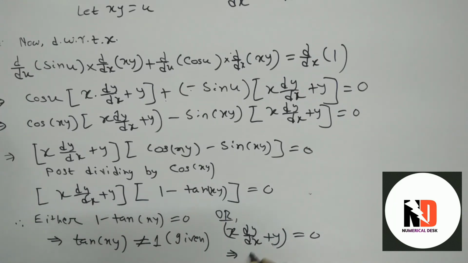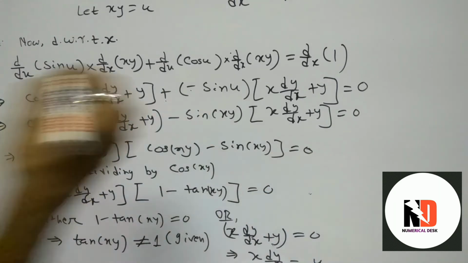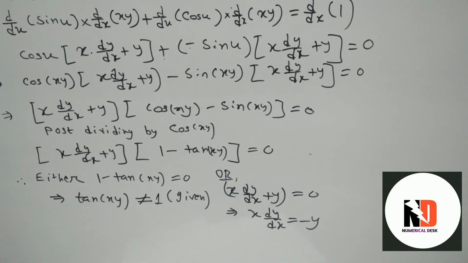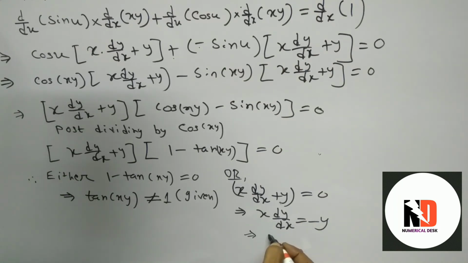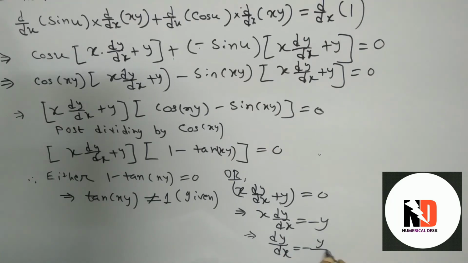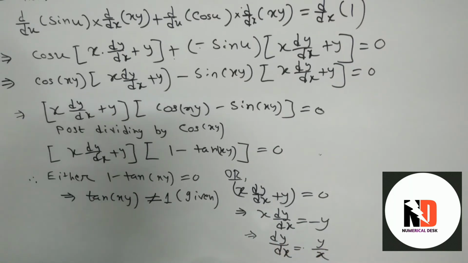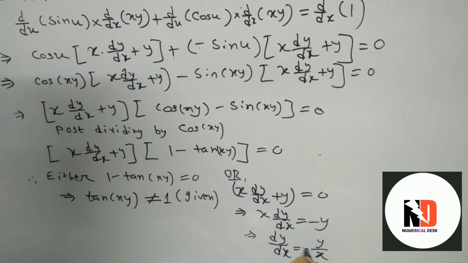So let us get dy by dx: x dy by dx equals minus y, and from this the answer will follow. So minus y by x, it is definite. dy by dx is equal to minus y by x, hence proved. So this part is proved.